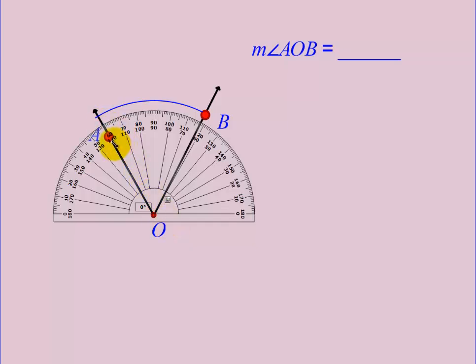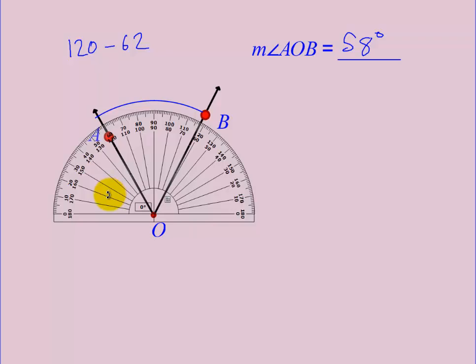Ray OA looks like it's about 120 degrees. Then I subtract, and for ray OB it looks like it's about 62. So 120 minus 62 is 58 degrees. That's the measurement of angle AOB.